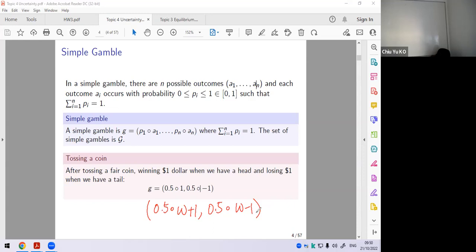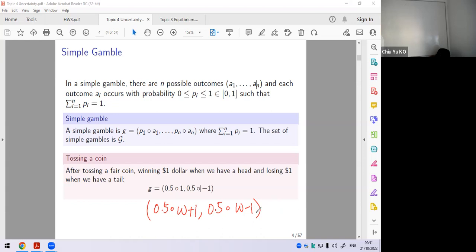Why are both ways right? Because at the end of the day, when you evaluate later, you will see your utility of the outcome. You have a utility of outcome 1, and this outcome 1 can be just W plus 1.